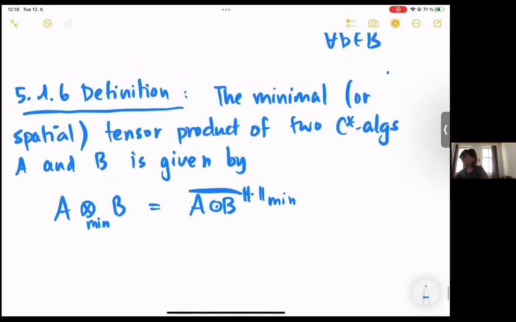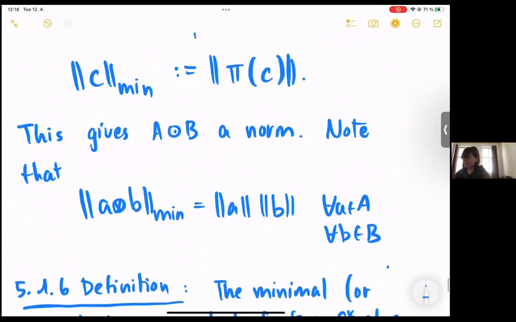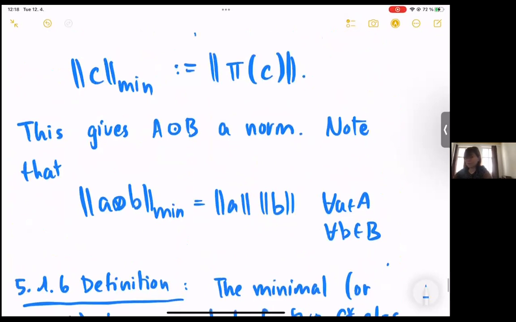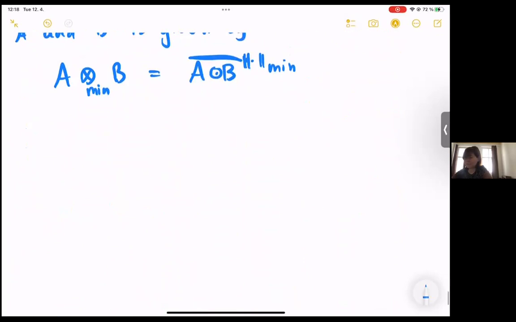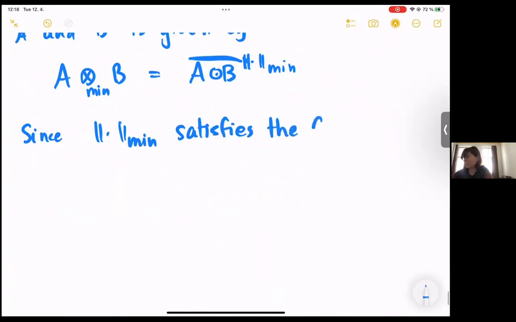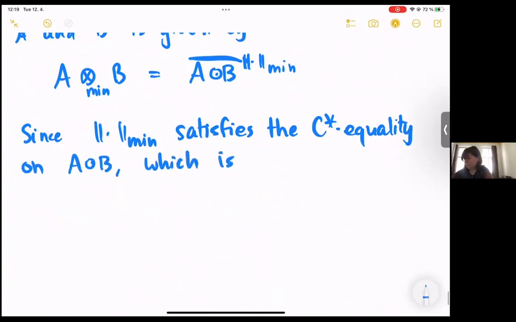And since this norm will satisfy, as I just mentioned, the C-star equality on this dense subspace, we see that indeed this is a C-star algebra.